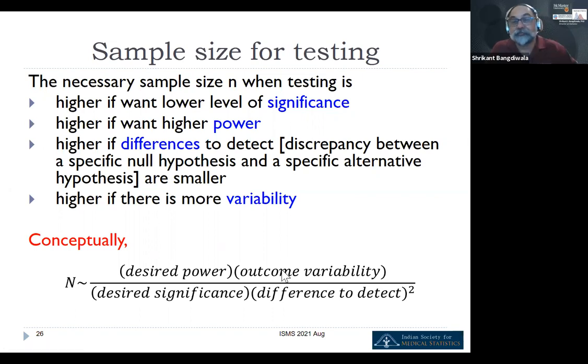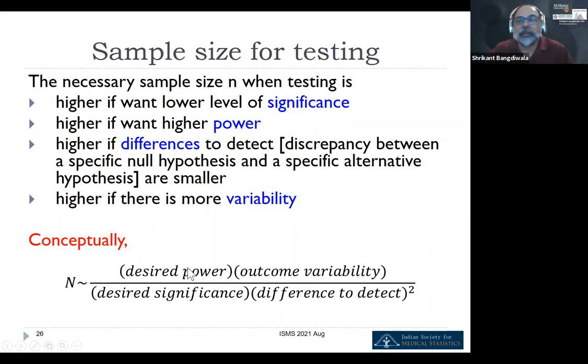Therefore, if you inflated the variance because of the design, then you're going to require a larger sample size. Your significance, if you wanted a smaller significance level, like 0.01 as opposed to 0.05, you would have a larger sample size because it's inversely proportional to that. But usually everybody sticks to 0.05. Nobody ever changes this.